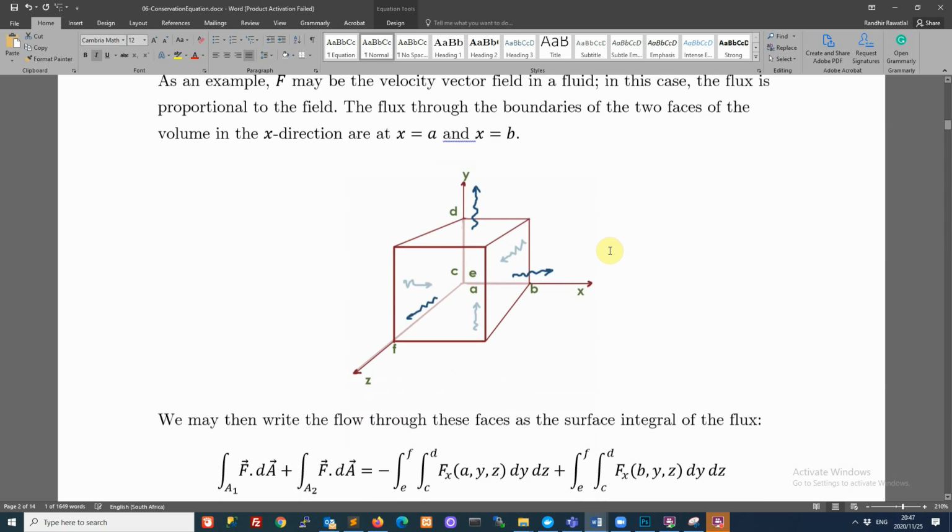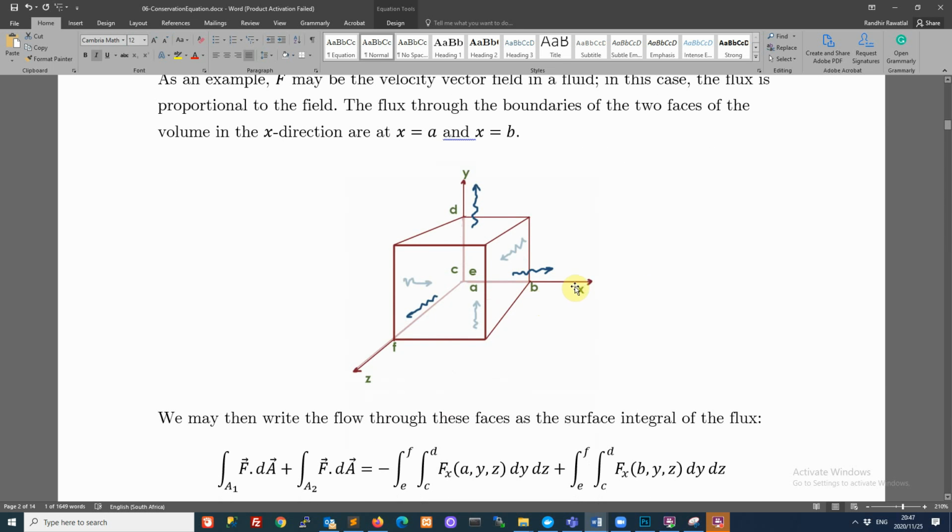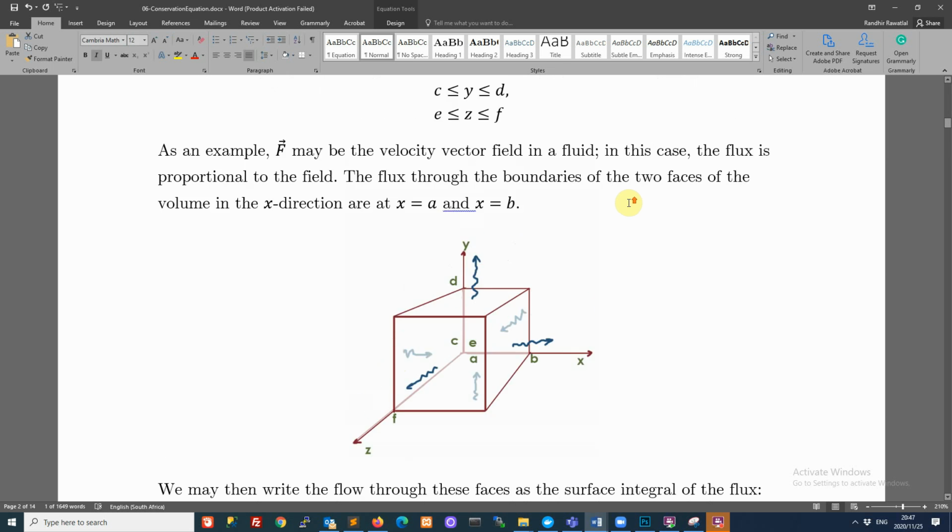So taking our rectangular volume in the coordinates x, y, z, the Cartesian coordinate system, we are going to consider x values between a and b, and y values between c and d, and z values between e and f. So that's our volume. It's basically a box.